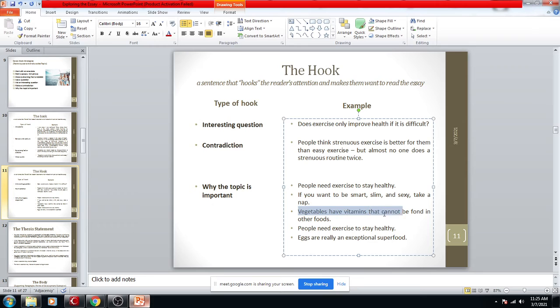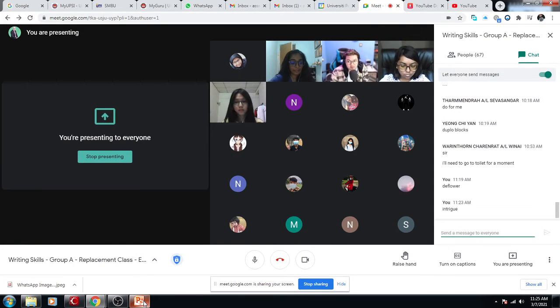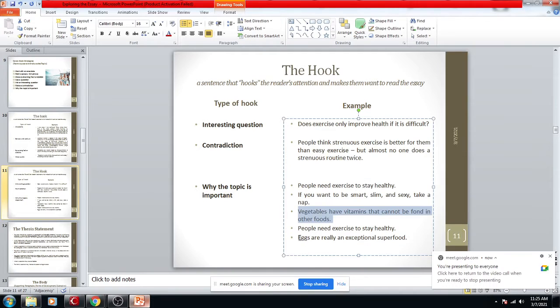Vegetables have vitamins that cannot be found in other foods. Have I managed to catch your attention? You want to read more? People need exercise to stay healthy. We already mentioned this.